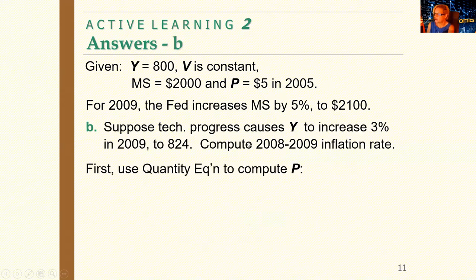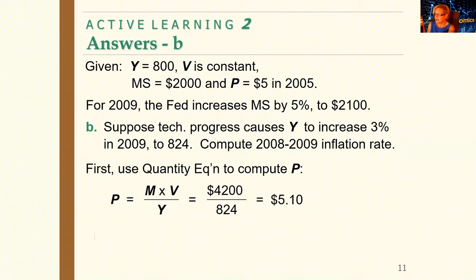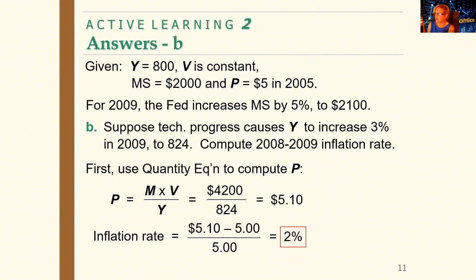If technological progress increases GDP by 3%, then we can say, look at what we've got, $5.10, a 2% change in price, which means that if you take the 3% change in GDP and a 2% inflation rate and add those together, 3 plus 2, you're going to end up with the 5%. So what's the difference between these two slides?